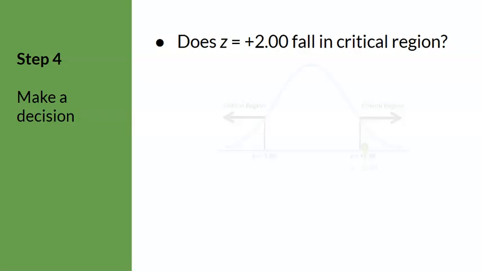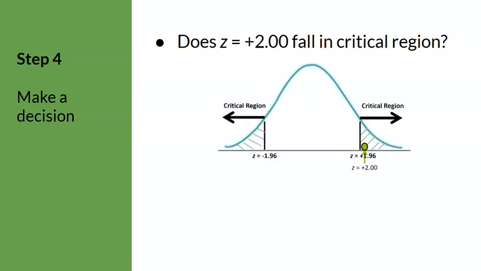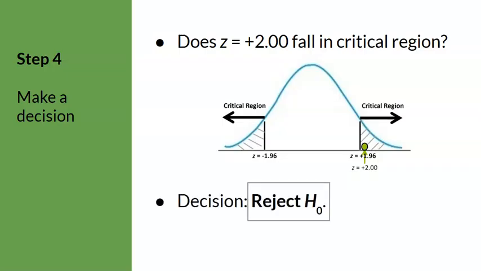Using the graph, we can see that the +2 falls in the tail past z equals +1.96. Meaning, my friends, the answer is yes, it does fall in the critical region. Then the decision is to reject the null hypothesis. The box indicates the final answer that I'll be looking for on problem sets and exams.